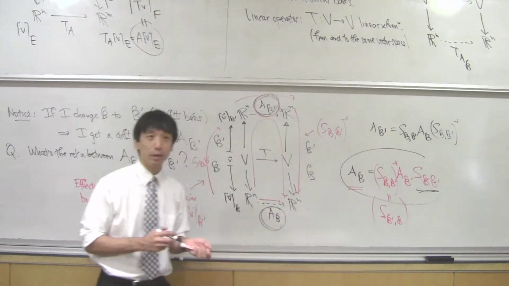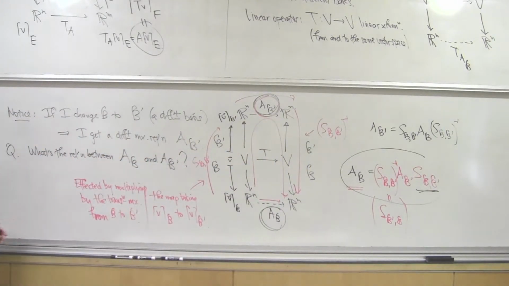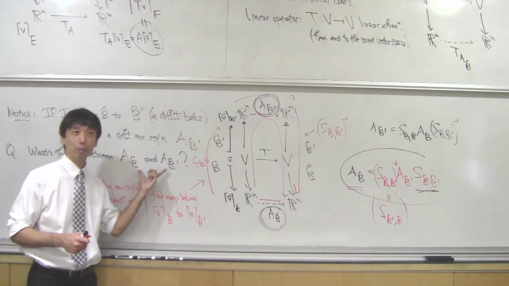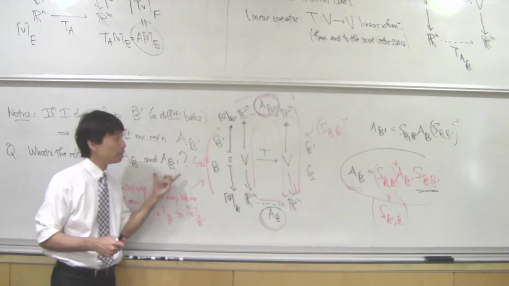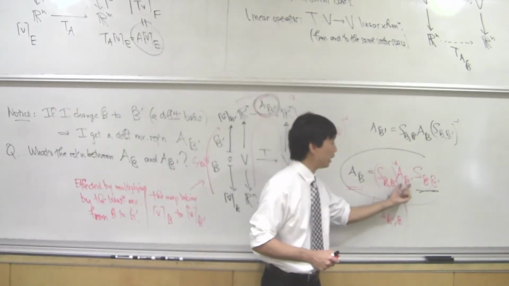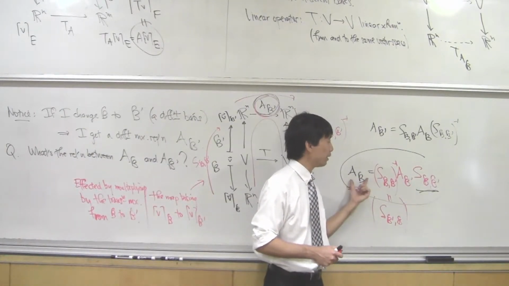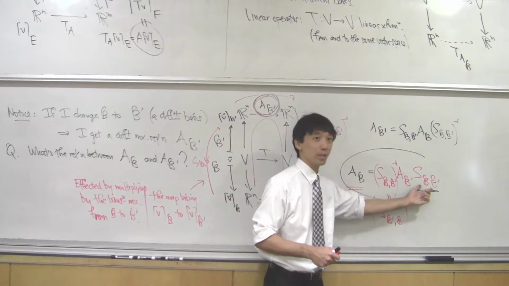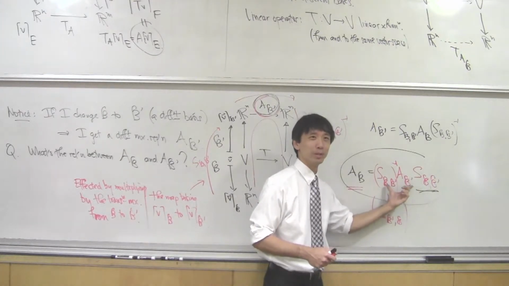I hope everybody's getting the point here that the relationship between the two matrix representations is that you can get from one to the other by multiplying by the inverse on one side and the matrix on the other side by some transition matrix.